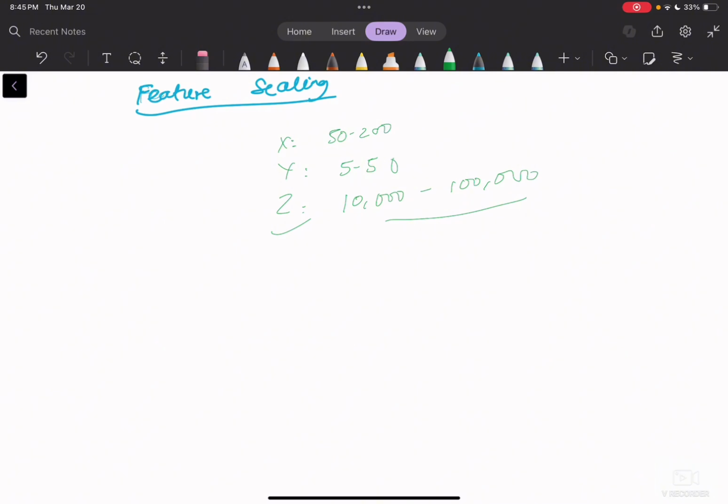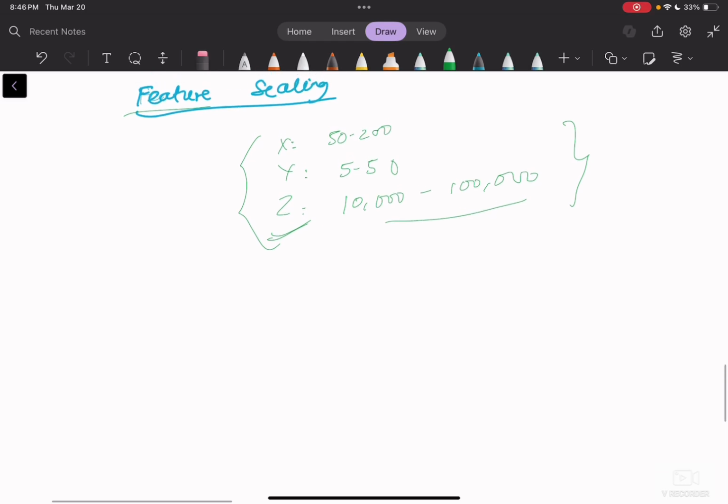So KNN will only care about your Z unless you scale it, and there are different ways to scale it. While using Python sklearn, you can use StandardScaler or MinMaxScaler. I'm going to create a video on scaling as part of this series, but I wanted you to keep that in mind as we're introducing the topic.